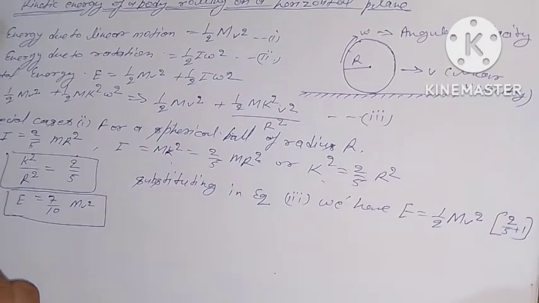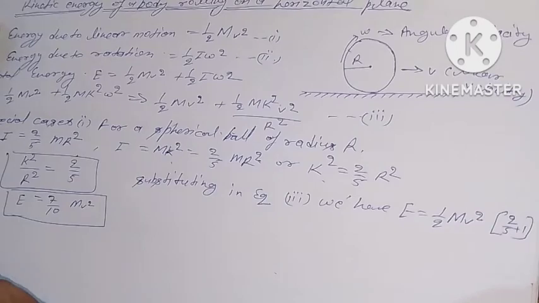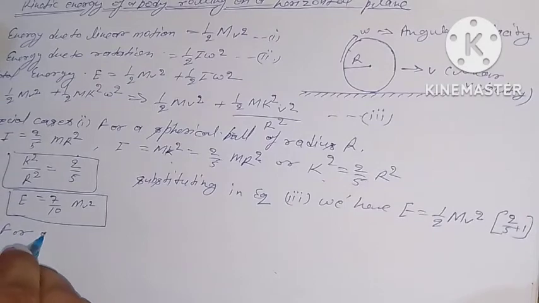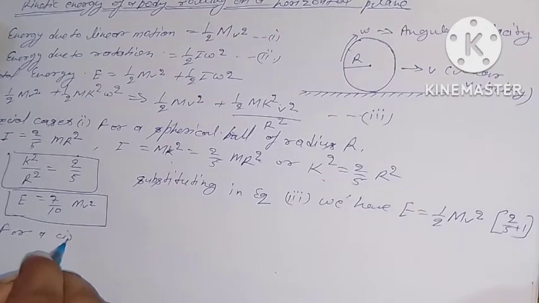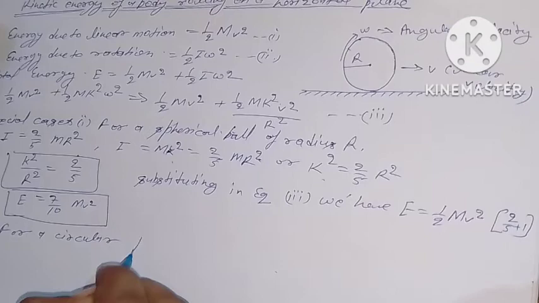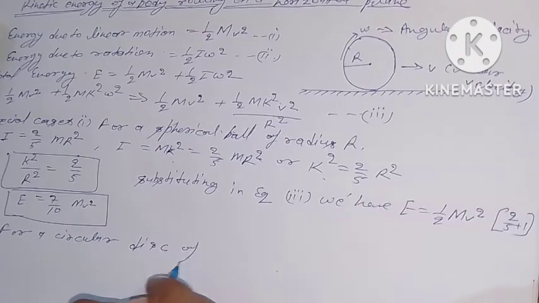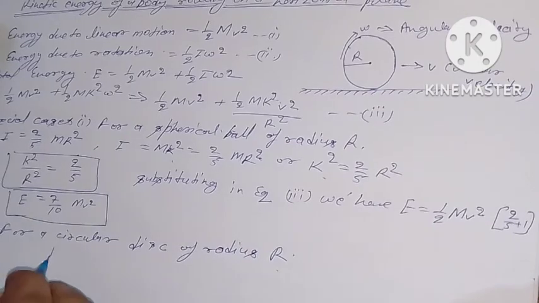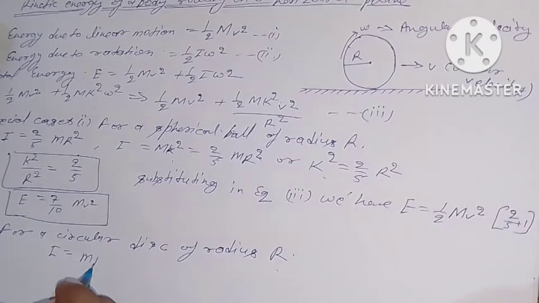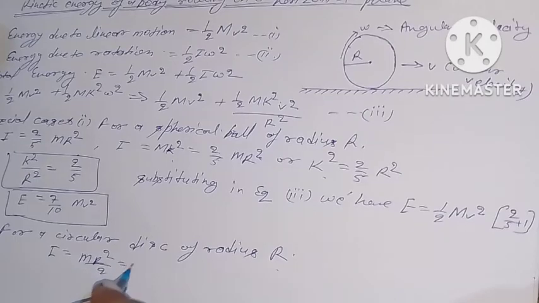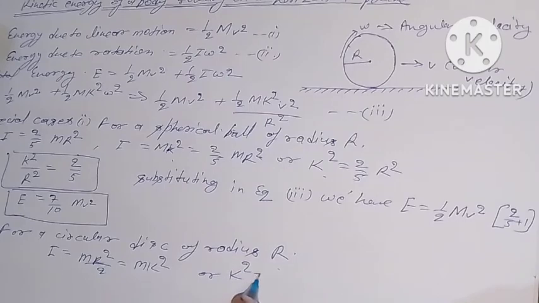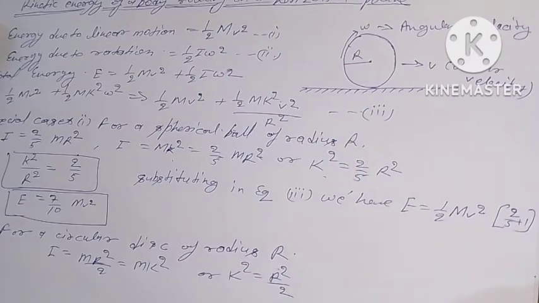Second position. For a circular disc of radius capital R, then I equal to mr square upon 2 equal to mk square, or k square equal to r square upon 2.